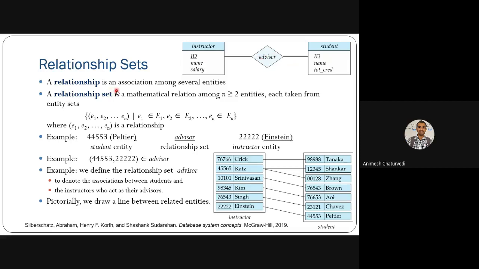So a relationship is basically an association among different entities, entity 1 and entity 2, and they have the relationship. So the relationship set is there, defined mathematically among n entities, where n is at least 2, meaning there should be at least two entities that define some relationship.